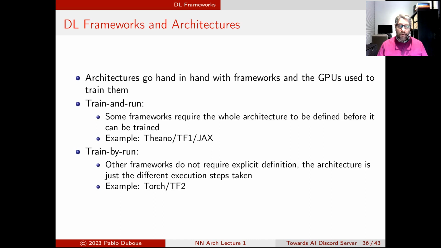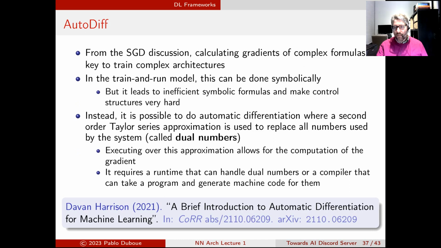Examples include Theano, the first version of TensorFlow, and JAX. Alternatively, you can train by running. So you don't need to explicitly define the architecture; the program itself defines the architecture. The main examples are PyTorch and TensorFlow 2.0. And we're going to now see them a little bit.